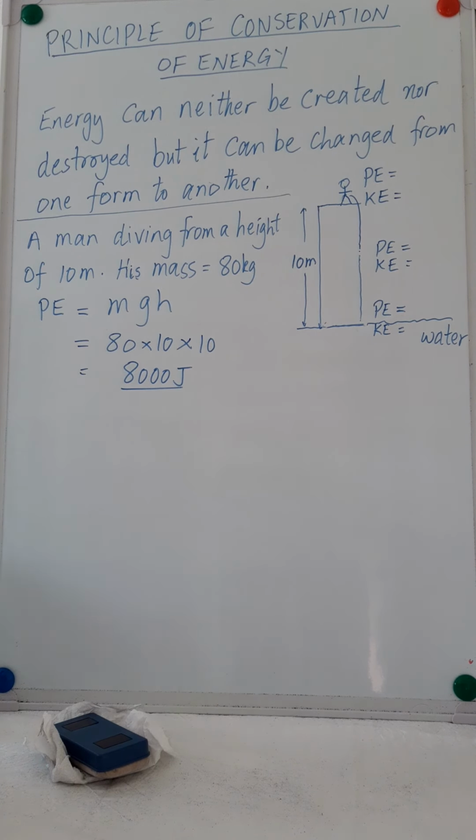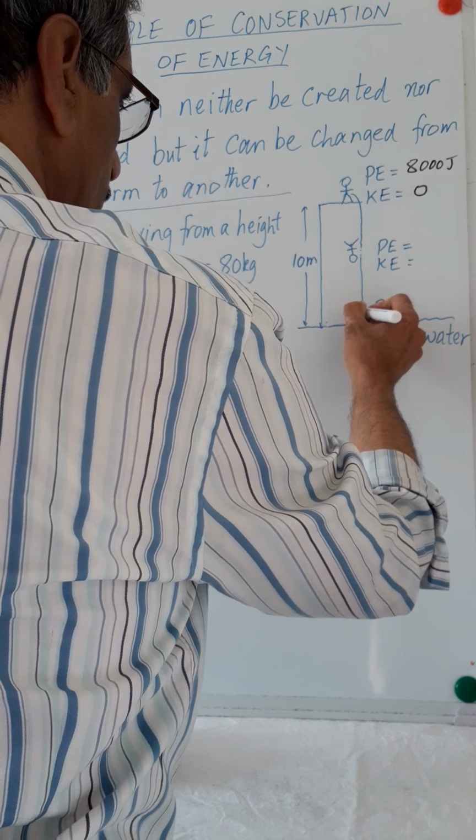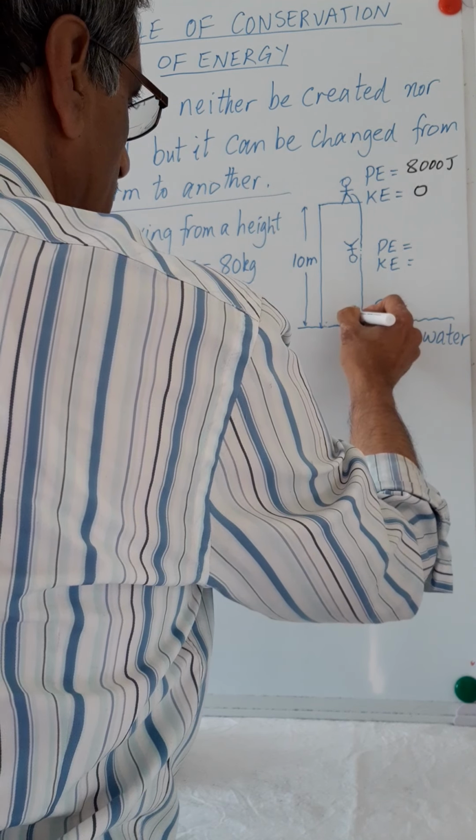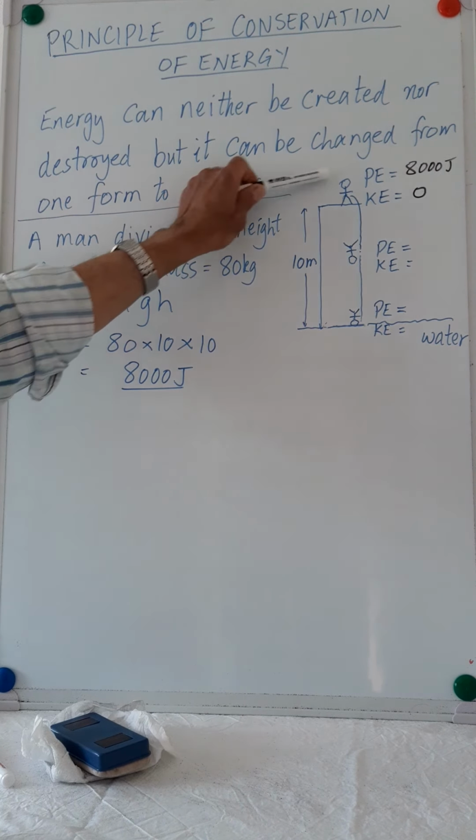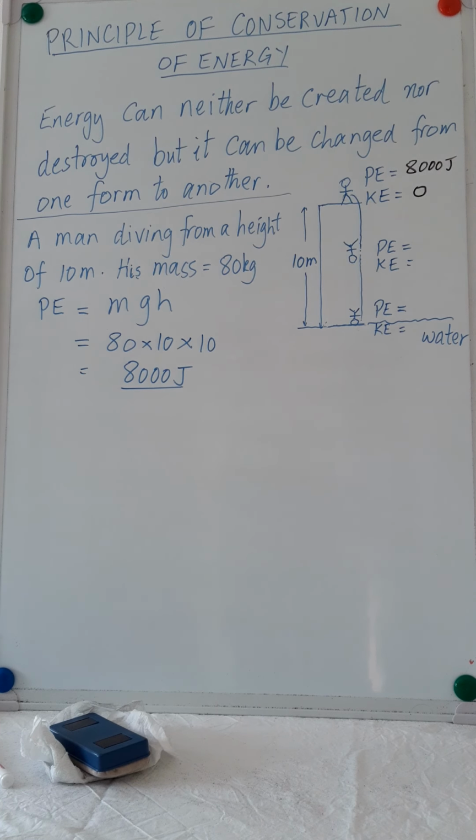Now, what happens when he dives? As he's diving, we can draw him something like this. As he comes down, when he's halfway, he will have lost half of that potential energy.